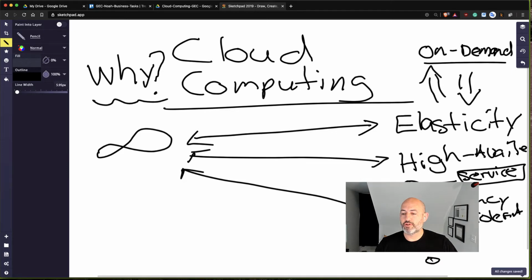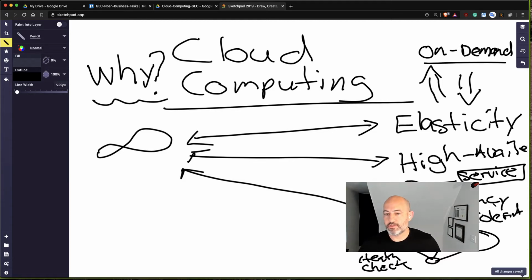You have a load balancer in front, and even if one machine goes offline, the load balancer can listen to the health check metric, and the health check metric will tell it which server to send a request to. Because you're able to ask for as many redundant layers of machines as you need to fit your requirements, you can have a highly available service. So again, it goes back to this concept of elasticity.